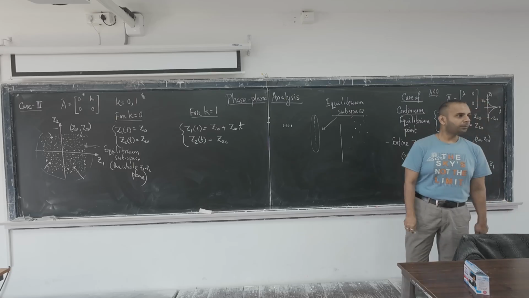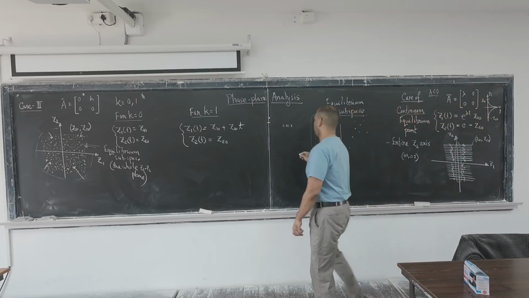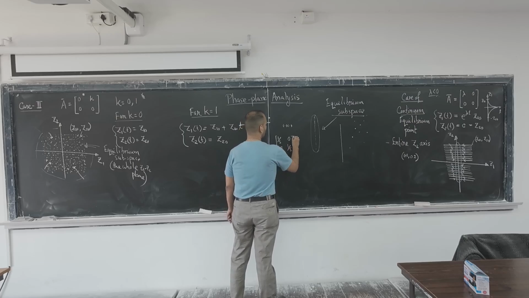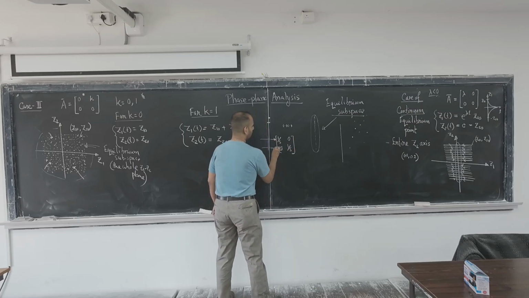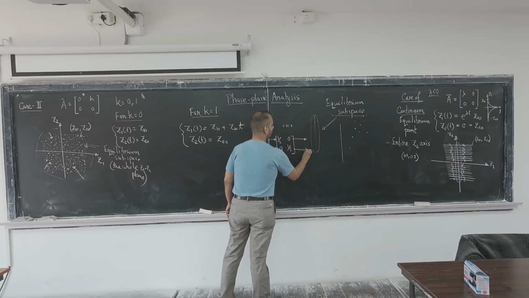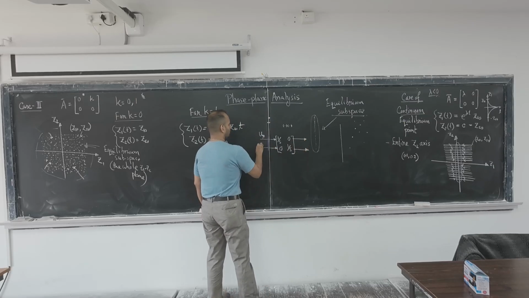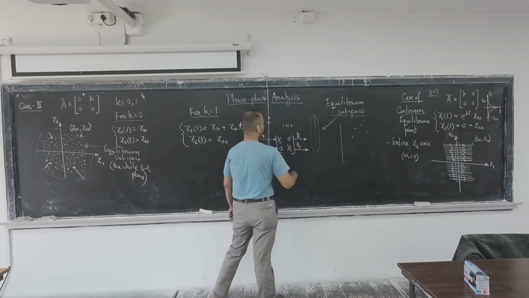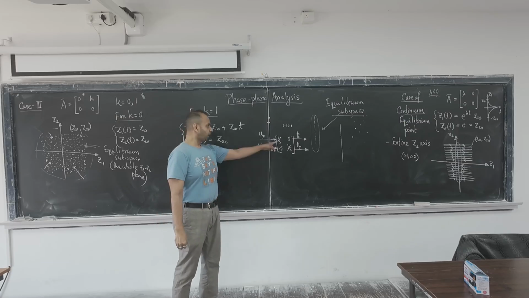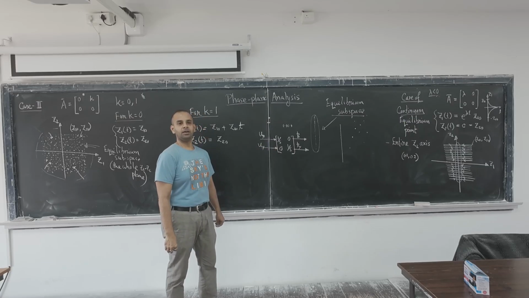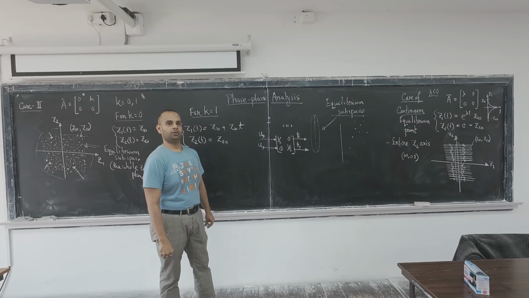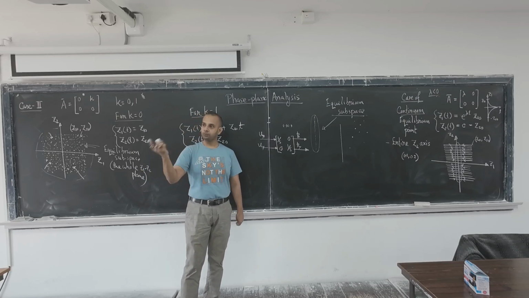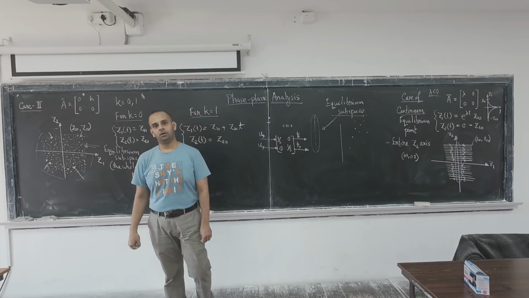Then it would be 1 by s, 1 by s, with inputs Ux, Uy, and outputs Px, Py. If you now write down its A matrix, it would be 0, 0, 0, 0. And B matrix would be 1, 0, 0, 1. C matrix will also be 1, 0, 0, 1.